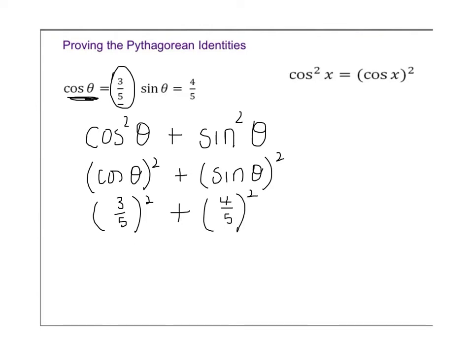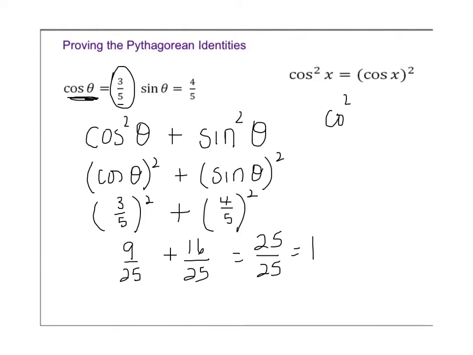So I have 9 over 25 plus 16 over 25, which is 25 over 25, and that equals 1. So what I've shown is that the cosine squared theta plus sine squared theta is equal to 1.